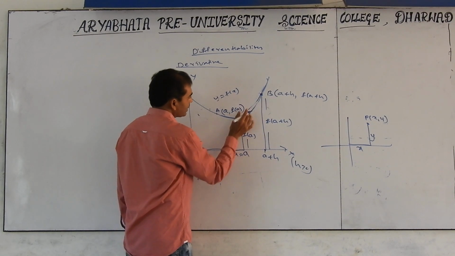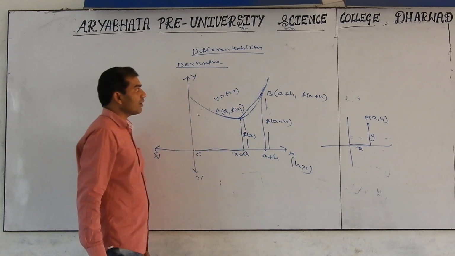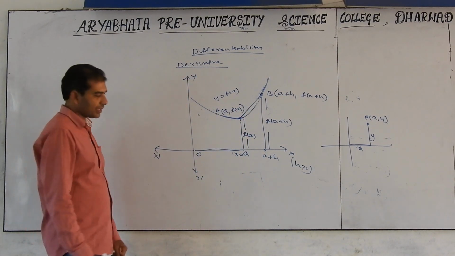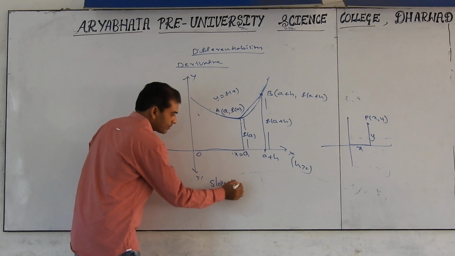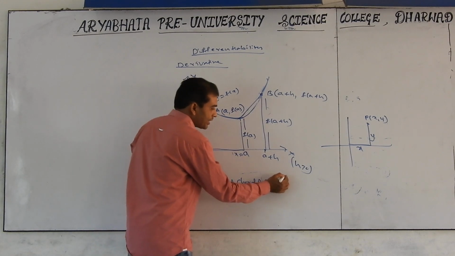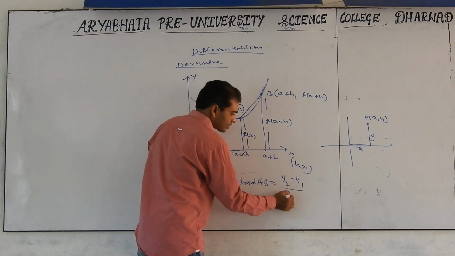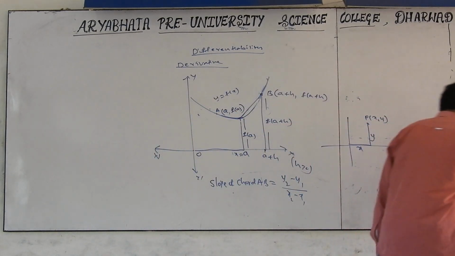What is this? This is the chord AB. What is the slope of chord AB? Slope of chord AB equals y2 minus y1 by x2 minus x1.